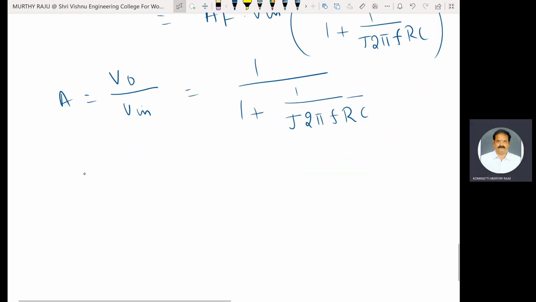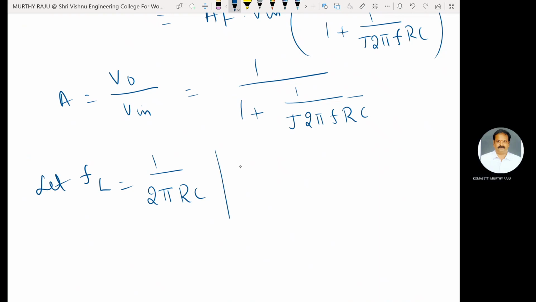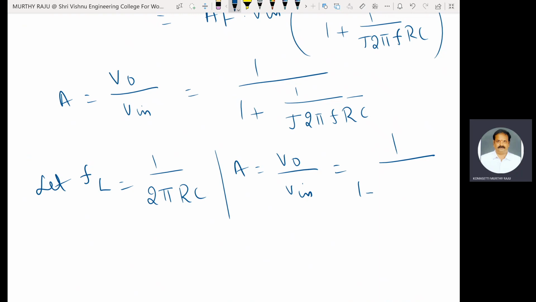Define another frequency: FL is equal to 1 by 2 pi RC. Therefore A, which is V0 by Vin, is equal to 1 by 1 plus 1 by j F into 1 by 2 pi RC, which is FL.